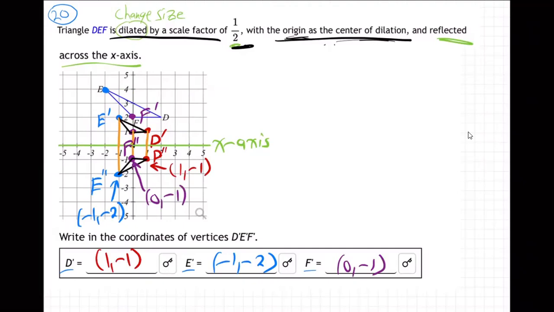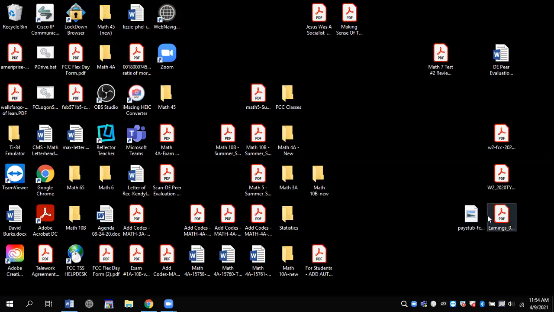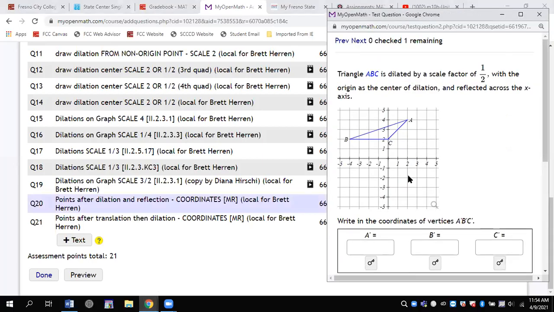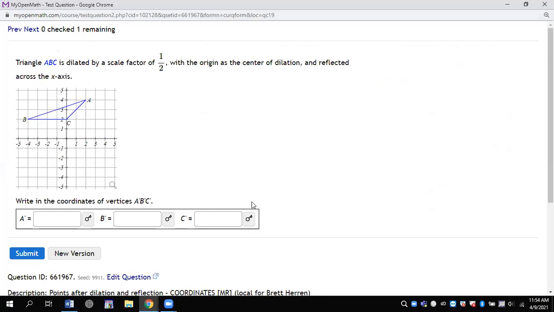We did both a size transformation and then a reflection and wrote all the coordinates of the new shape on that one. And I think that's all they want, right? Is the coordinates. They don't want you to actually draw anything, do they? Let me double check here. Yeah, we're not drawing anything.